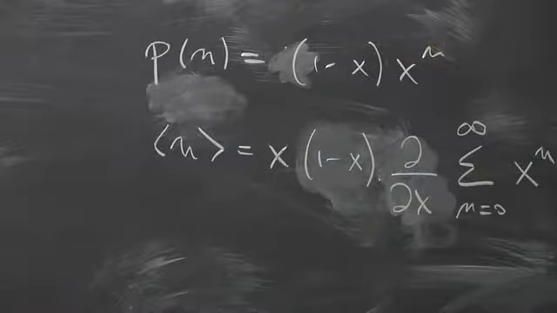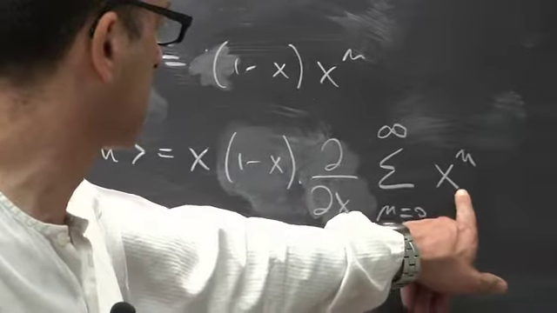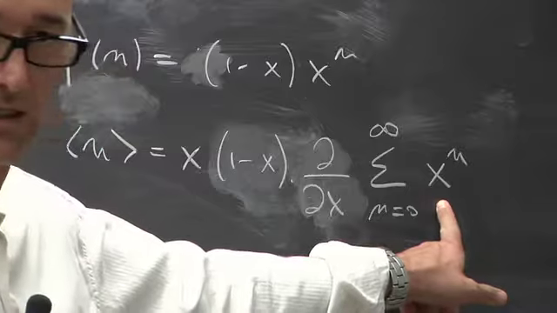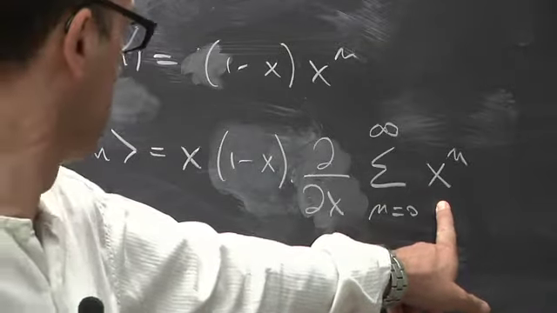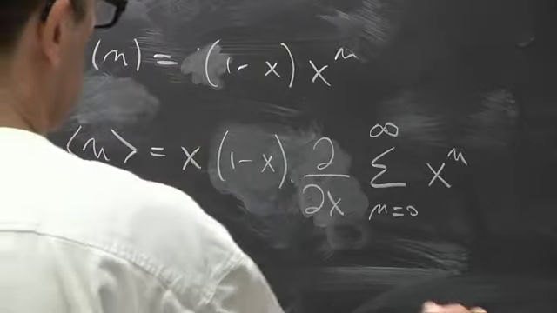Because when you take this derivative, this gives you n times x to the n minus 1. With an x, you get again n times x to the n, times 1 minus x. So this is exactly what you should get.